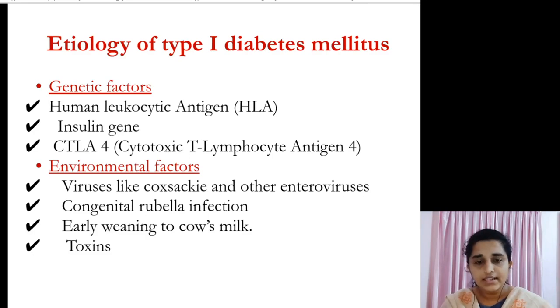And recently one more locus has been identified, that is CTLA4, cytotoxic T lymphocyte antigen 4. Now we'll see the environmental factors responsible for type 1 diabetes mellitus. These include viruses like Coxsackie and other enteroviruses, congenital rubella infection, early weaning to cow's milk, and certain toxins.